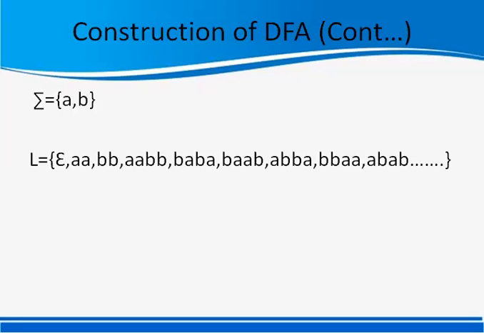For the given problem, first we have to find the sigma, that is a and b. Our language, as discussed in the previous session, will be infinite and we have to accept the empty string and the strings having number of a's even and number of b's also even.